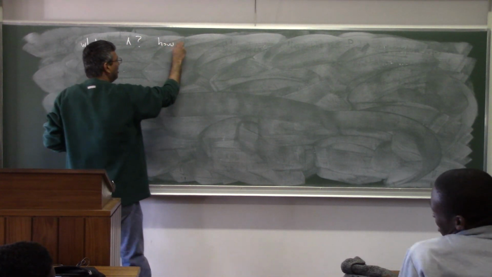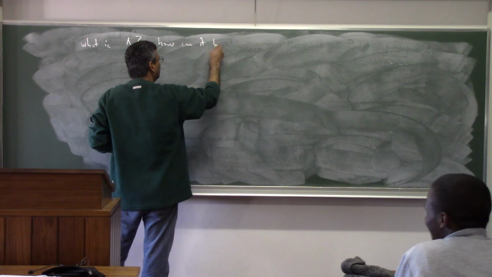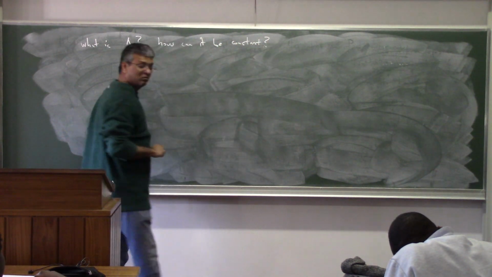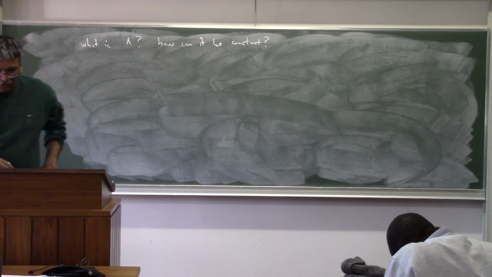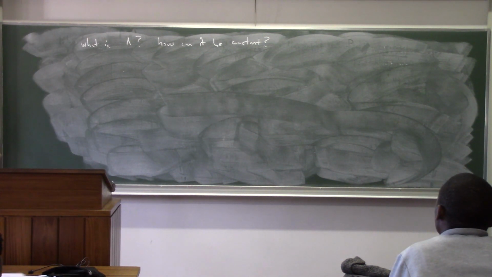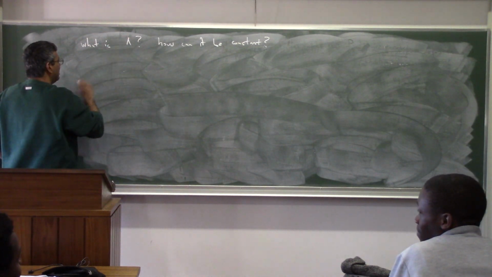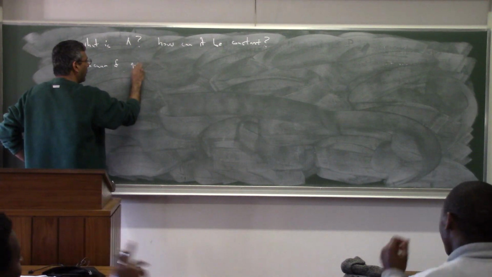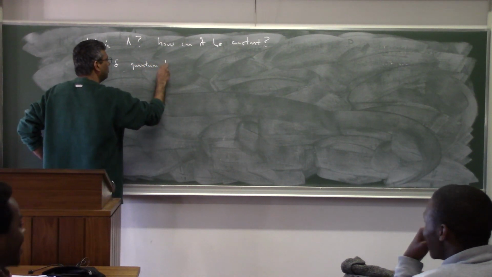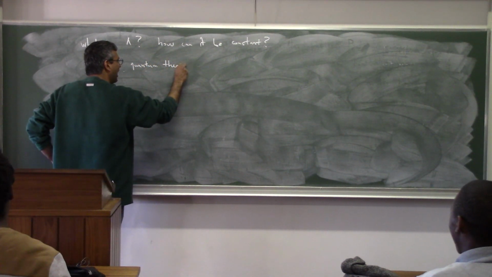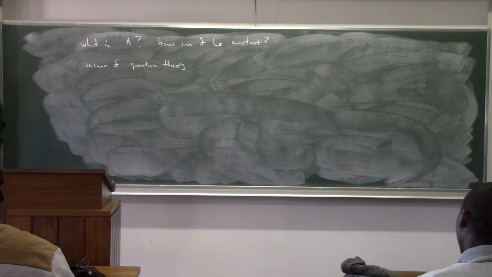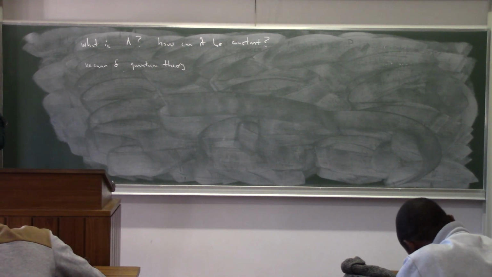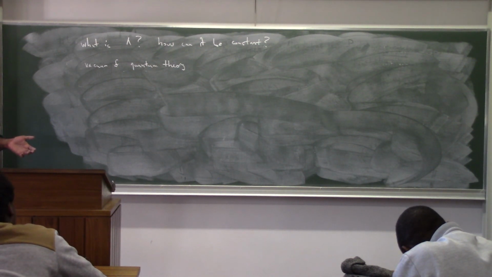How can it be constant? So, the answer, maybe, lies in the vacuum. So the vacuum is present everywhere in the universe, and that's independent of the expansion of the universe. However big the universe is, wherever you are in the universe, there is the vacuum.